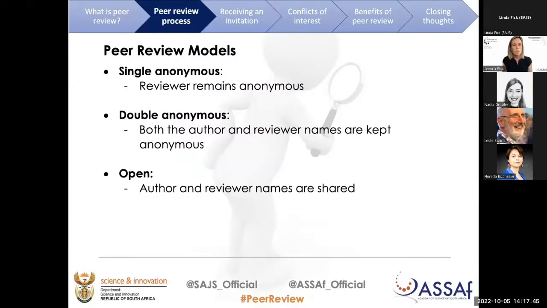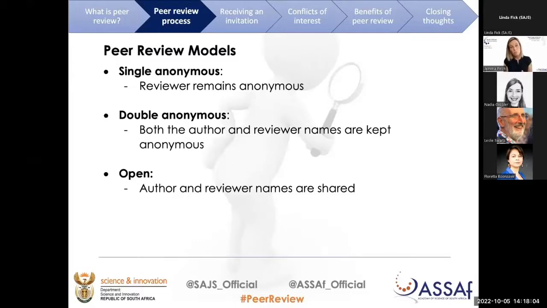On this subject of the peer review process, we need to be aware that there are different models of peer review. So we have single anonymous, where the author's name is known to the reviewer, but the reviewer remains anonymous to the author. So that's fairly common.